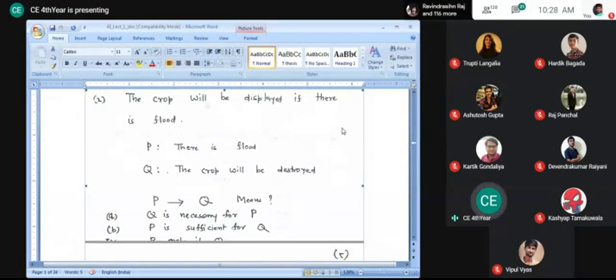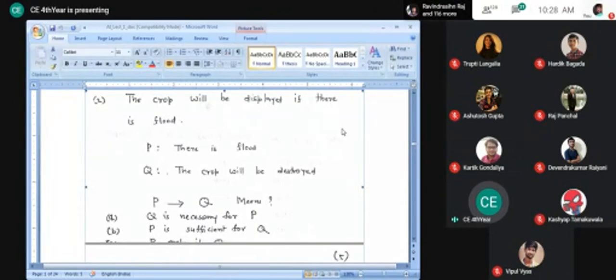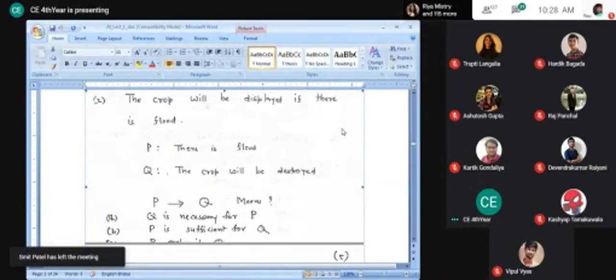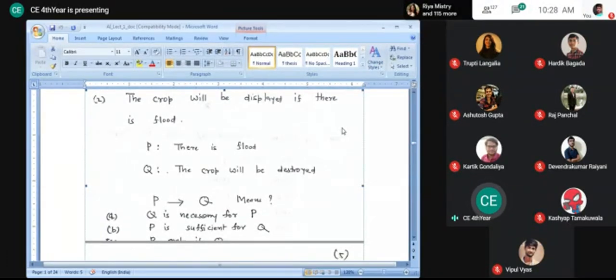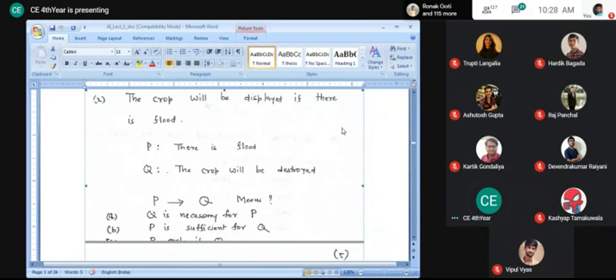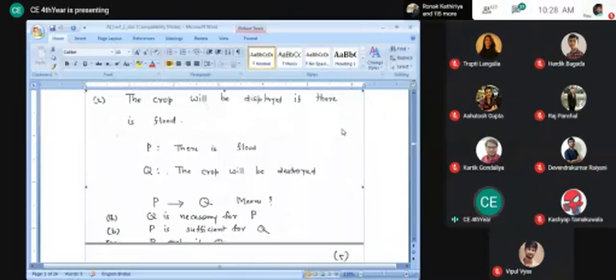Is it Q is necessary for P? Is it P is sufficient for Q? Is it P only if Q? Is it Q if P? I think two of them are visible to you. Don't write in the chat box. My expression is P implies Q. What does that mean?